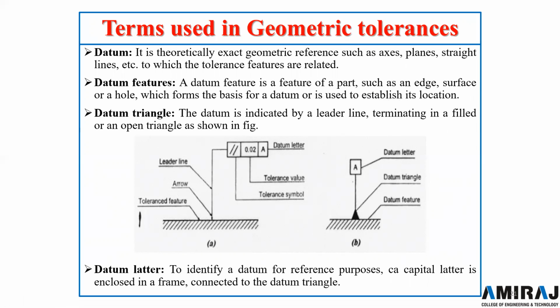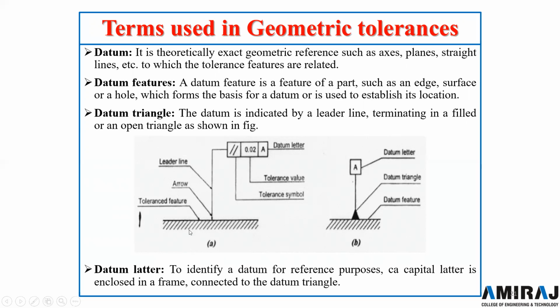Then there is the datum triangle. You can see in the figure, this is the datum triangle. The datum triangle is indicated by a leader line and it is terminating in a filled or an open triangle.